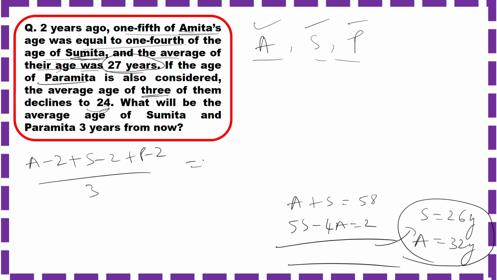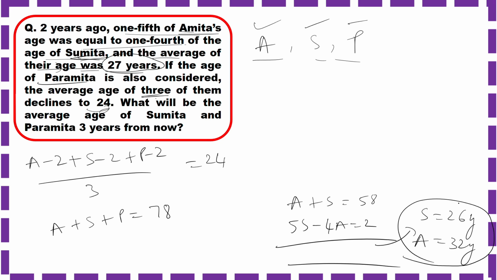What is the total average? 24. So calculate this, we will get A plus S plus P is 78 years. So the combined age of Amita, Sumita and Paramita is 78 years, the combined age before 2 years.